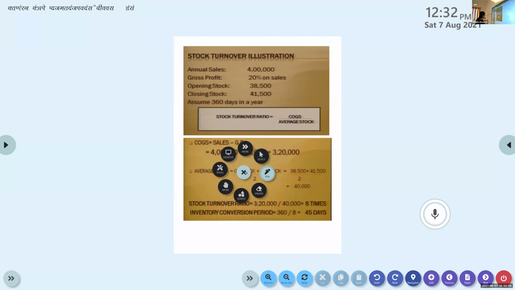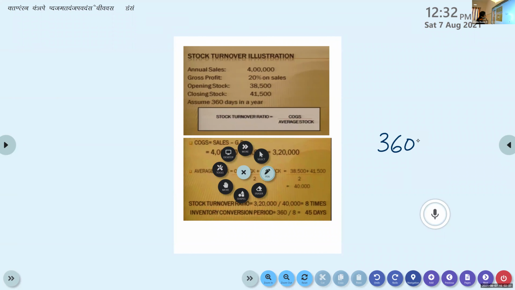And in the question, they have said, assume 360 days in a year. Why? To find out stock conversion period. So they want it in days, the number of days. How many days are taken?